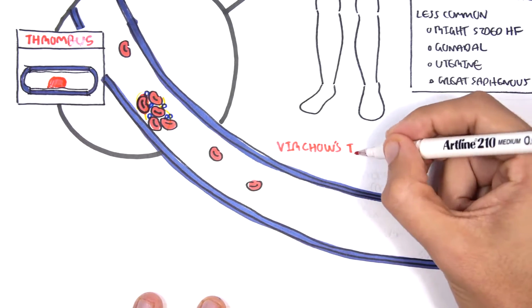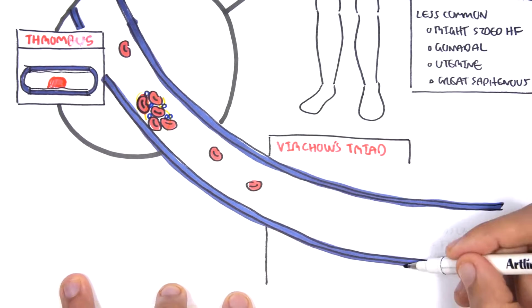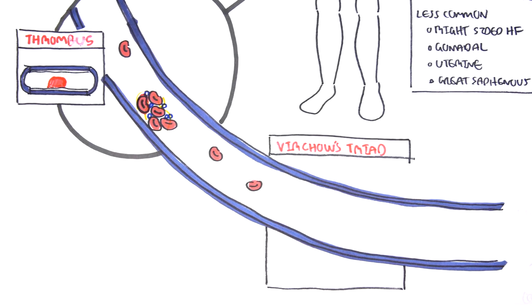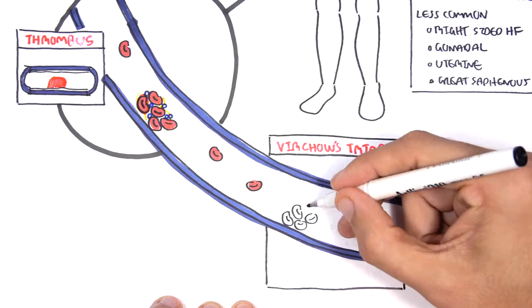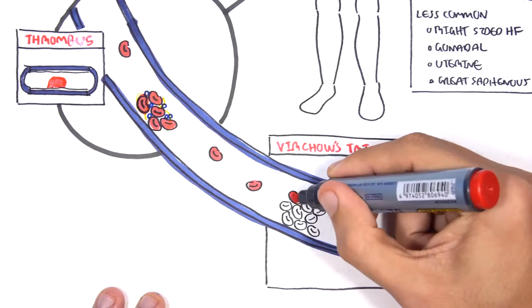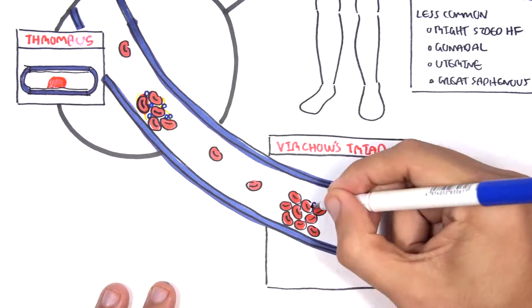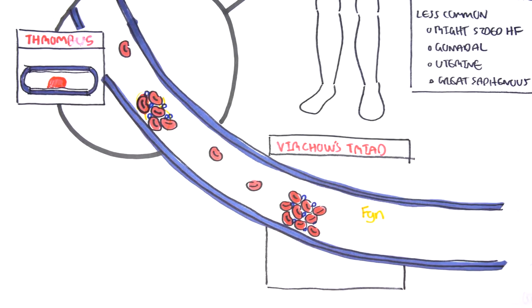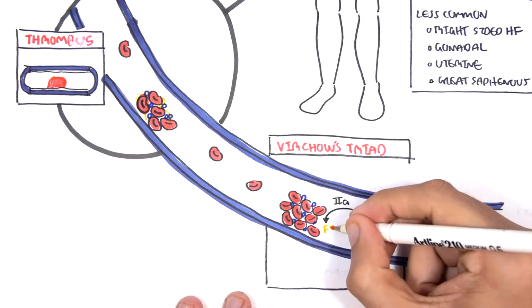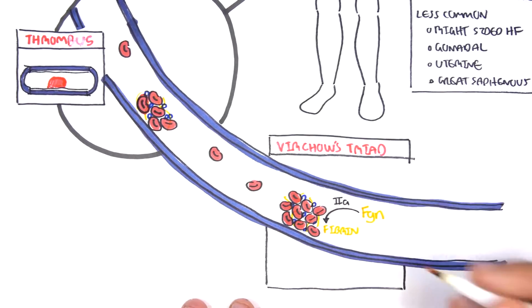And thrombus is caused by a variety of things. The main cause of it is known as Virchow's triad, and this essentially is a triad of things that leads to thrombus formation. So just to recap what a thrombus is, it's essentially red blood cells clumping together with platelets, and then you have fibrinogen, which is a clotting factor, which gets converted by thrombin, which is factor 2A here, into fibrin.